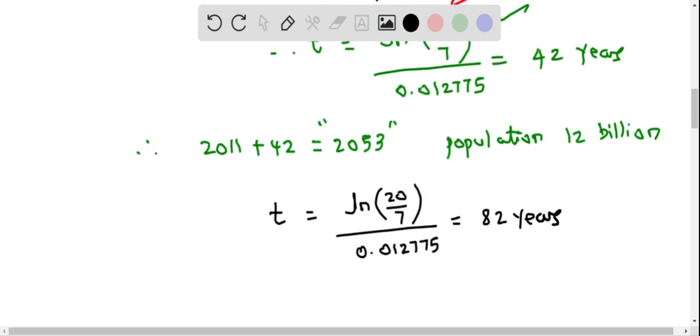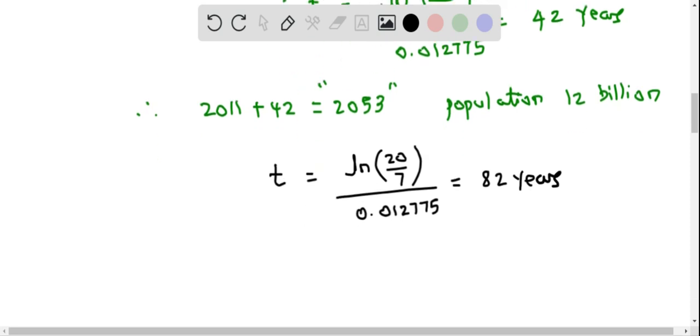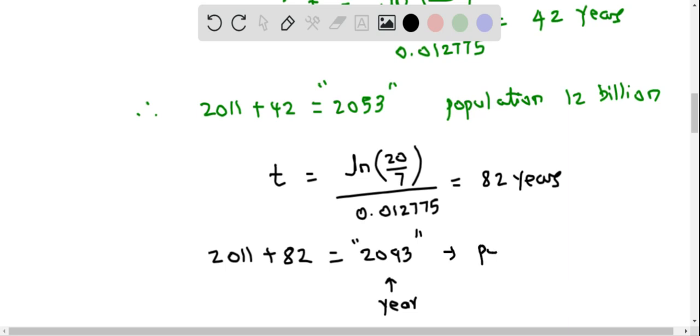We then add this 82 to the beginning year, that is 2011. So 2011 plus 82 equals the year 2093. So in year 2093, the population becomes 20 billion.